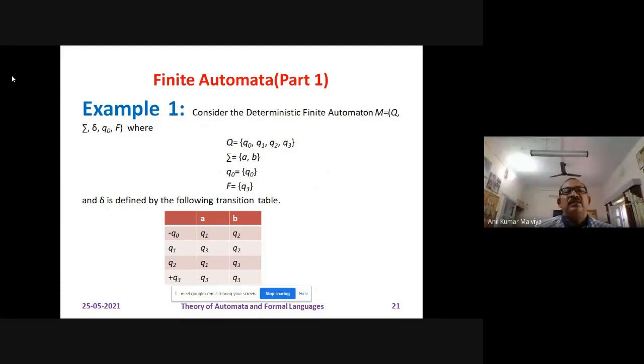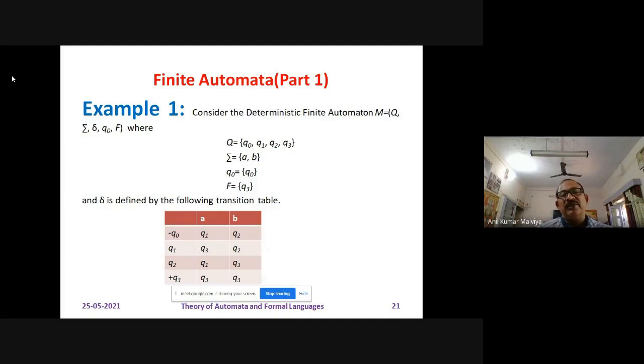Now let us take an example. Suppose the finite automata has 4 states: Q0, Q1, Q2, and Q3. Sigma is {A, B}. The initial state is Q0, and Q3 is a final state. And delta, which is a transition function, is defined by a transition table.